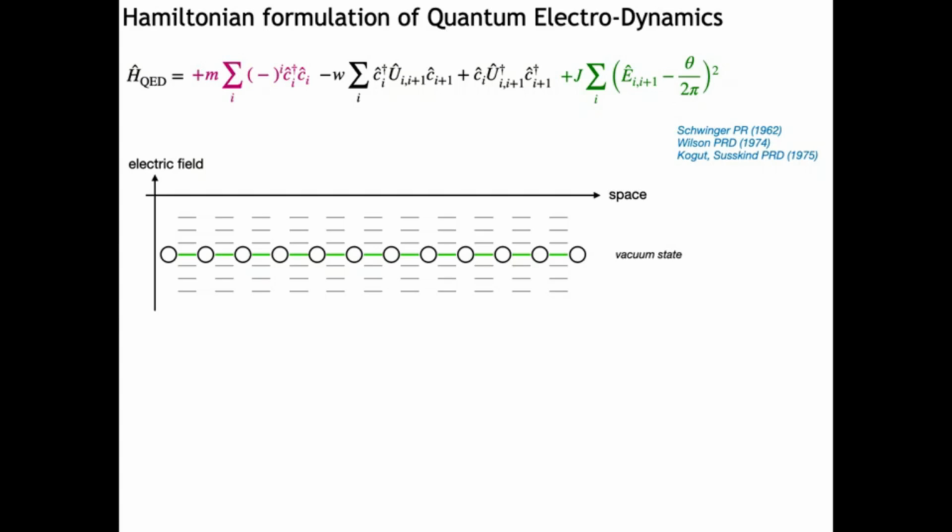Okay. So basically, when we turn on the interaction, we act on this vacuum with this black term. For example, when we act locally on this particular site along the chain, this interaction term creates an electron-positron pair, which I denote as red and blue particles, and simultaneously changes the value of the gauge field in such a way that gauge invariance is respected.